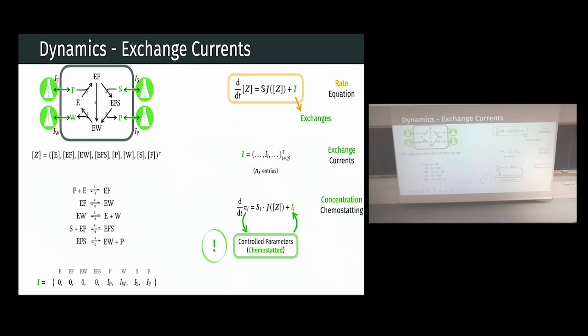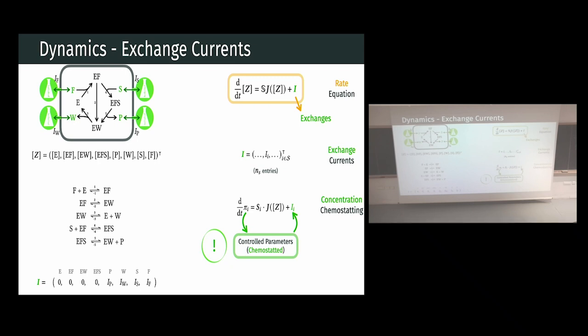And then you have some terms for the species F, W, S, and P. Because those are the species that we are assuming are exchanged with the environment for the specific example we are dealing with. Okay, now how to think about those exchange currents?